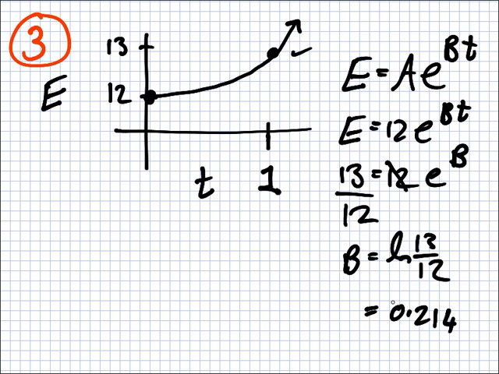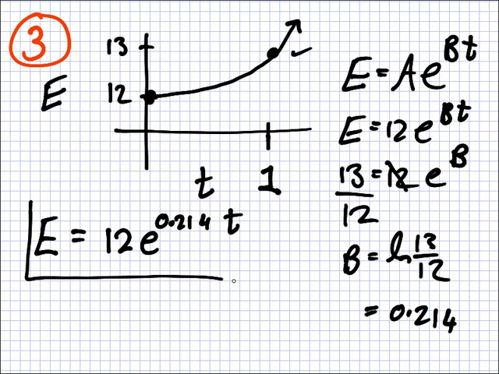I'm using years. You said you did it a different way. I did it in days. Ah, yeah, so that's fine. So you'll get a smaller value for b. Okay. So we have our first formula. The energy is A e^(0.214t). That's our first answer.